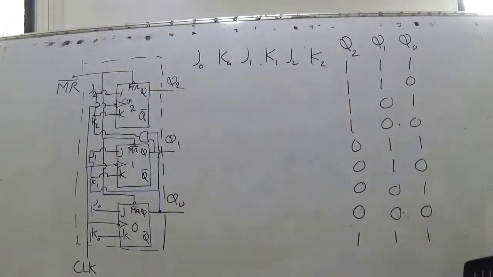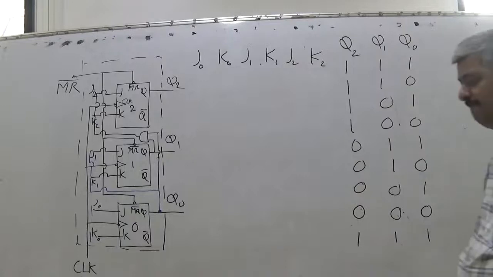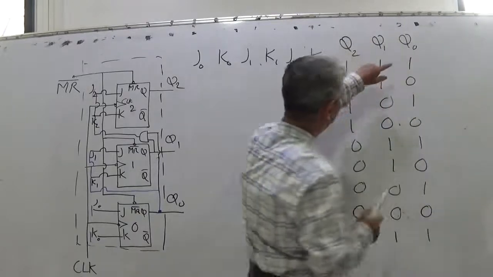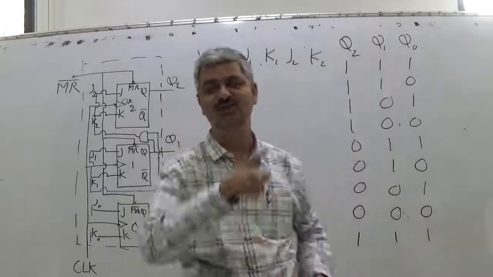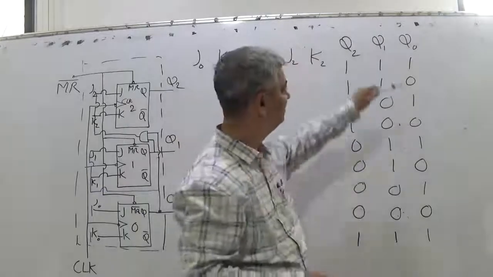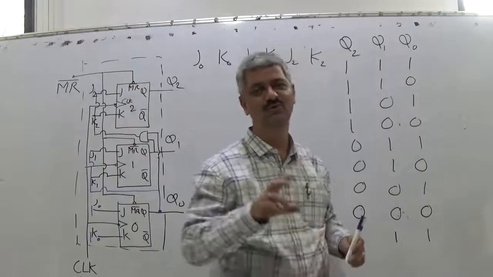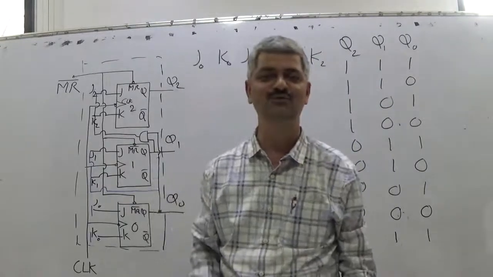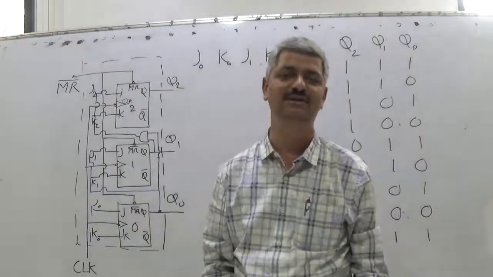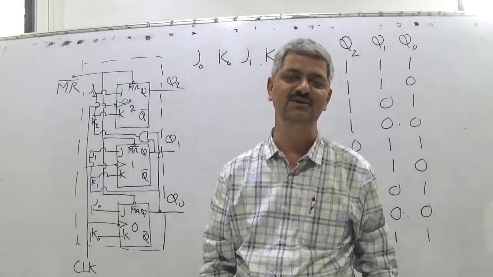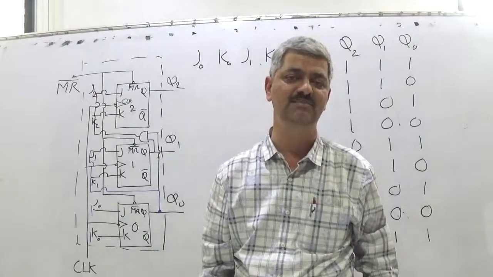We look at Q0. Even in our down counter, Q0 always toggles, 1 to 0, 0 to 1. If a question is asked to design a 1 bit up counter or a 1 bit down counter, since there are only two states, up is the same as down.